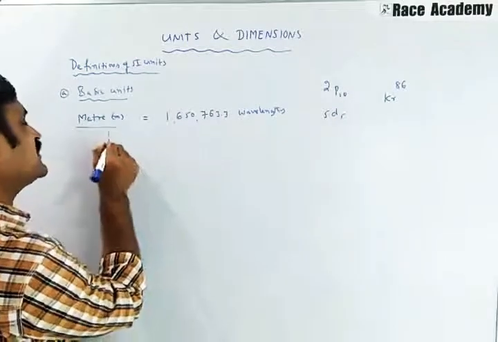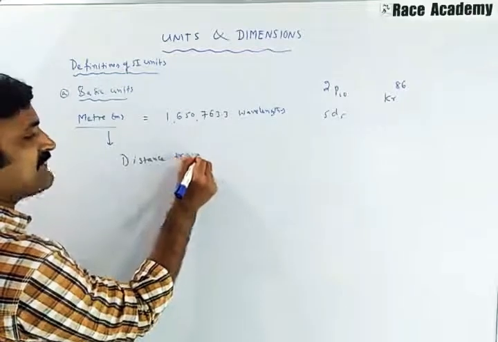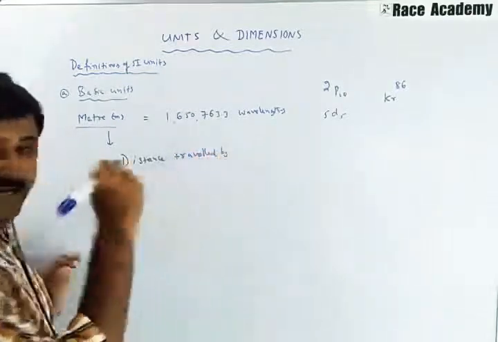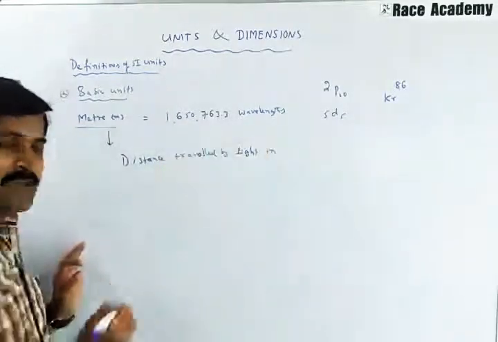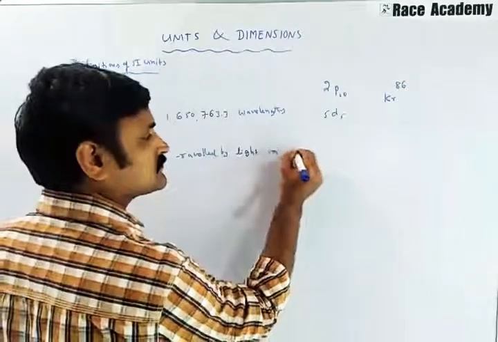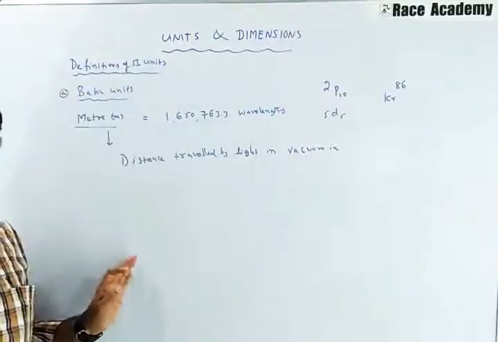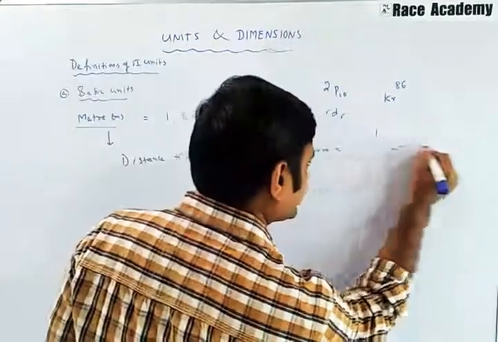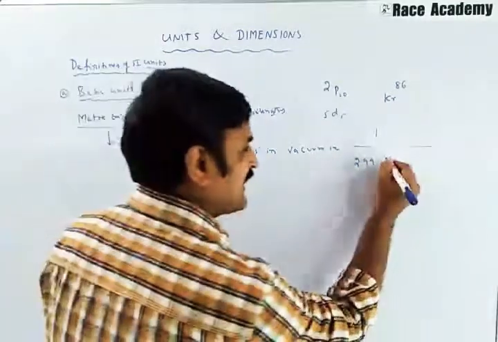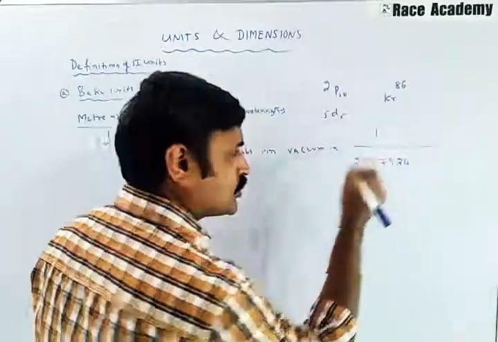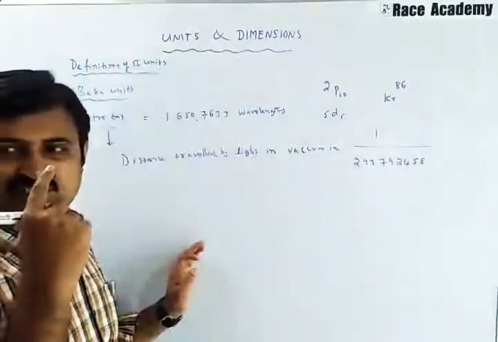It is also the distance traveled by light in vacuum. Exactly, the definition is the distance traveled by light in vacuum in 1 by 299792458 seconds.